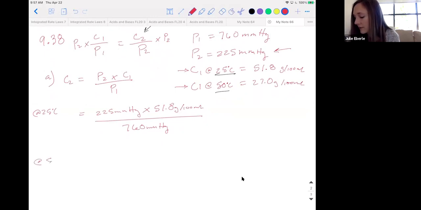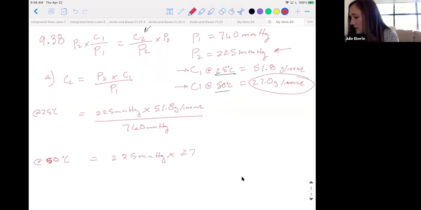We do it again at 50 degrees Celsius. It's the same equation. This time we're going to use this value for C1. So same pressures, but this time we're using 27, not 25, 27 gram per 100 ml divided by 760.